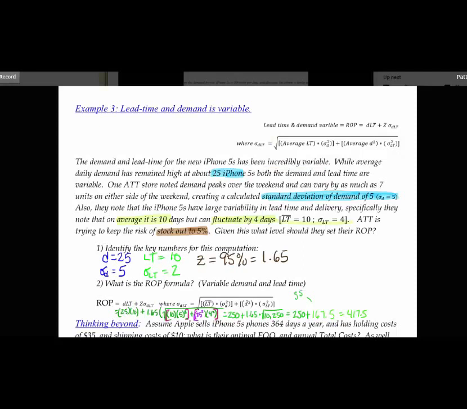So we've got the daily demand of 25 with the standard deviation of 5, and then I made both of those blue down here.